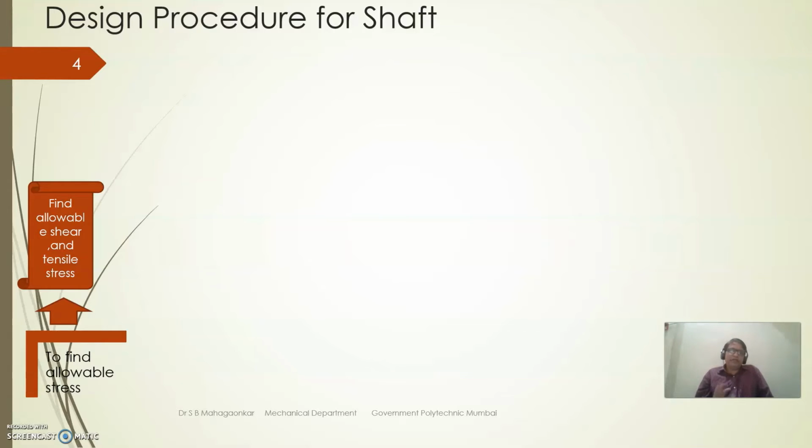That is why we multiply by 0.75. This is how we find the allowable stress, the first step.